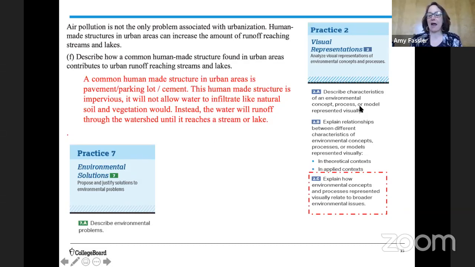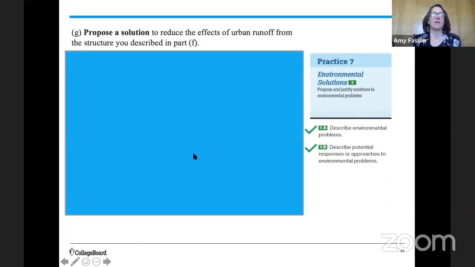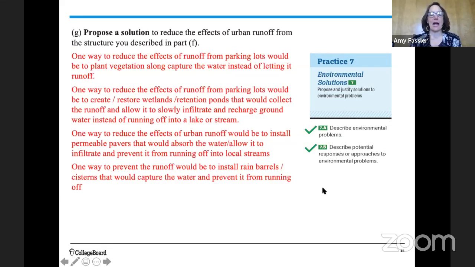And looking at our visual representation, we hit the last part of that scaffold. And then we started to describe an environmental problem. Lastly, then, we're going to propose a solution to that environmental problem. And I could look at putting vegetation along my parking lots, or I could have some type of terracing to capture that water as it runs off.